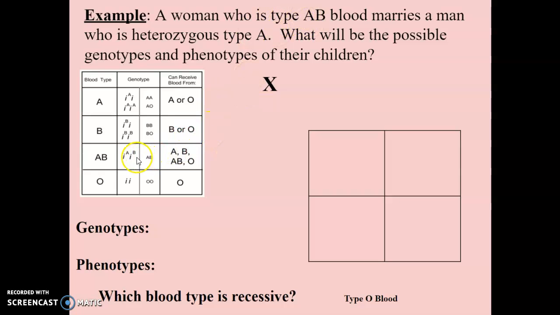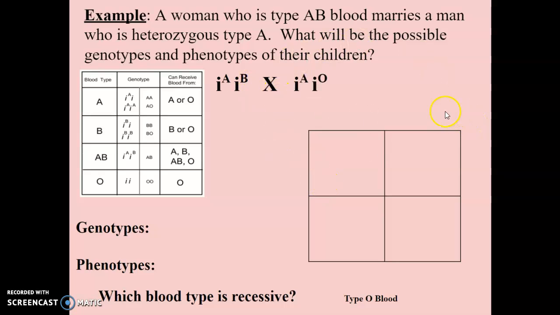The only way for her to be type AB is to have an IA, IB. Then she marries a man who's heterozygous type A. So there's 2 different ways to create type A, either 2 A's or an A and an O. If he is heterozygous, hetero meaning different, then you would have to have an AO genotype, meaning IA, IO.